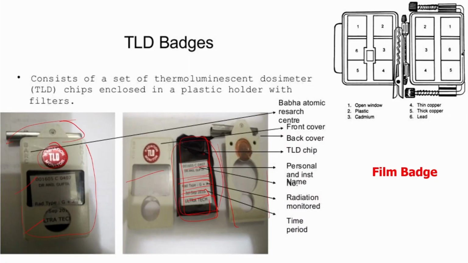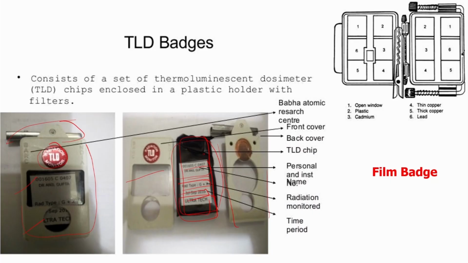But as I said, previously there was an old system of recording dose that is also passive, that is the film badge. I will just show you how the film badge looks. The film badge has 6 windows. This is different from this one. In this badge there is a film.